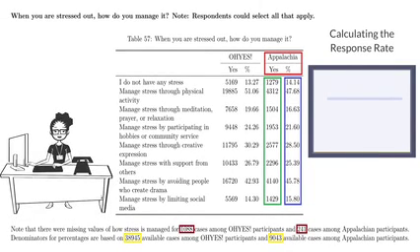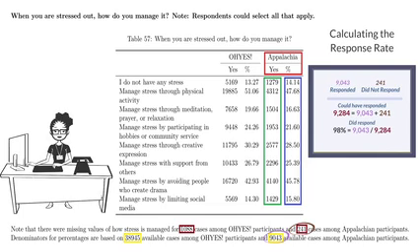As our second example, among Appalachian participants, 9,043 participants responded to the item, and 241 participants did not respond to this question. That is, there were a total of 9,284, or 9,043 plus 241 participants who could have responded to this item, where 98%, or 9,043 divided by 9,284, did respond to the item.